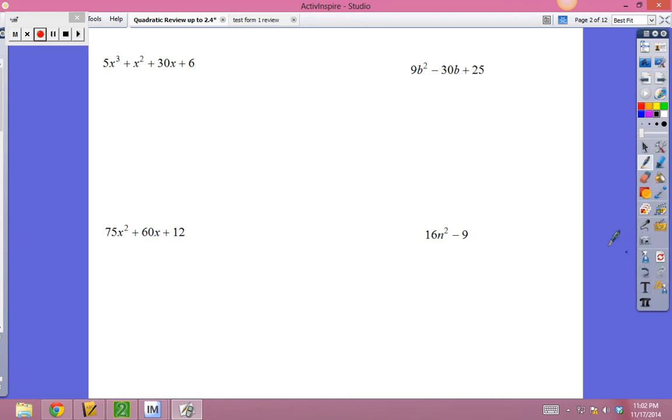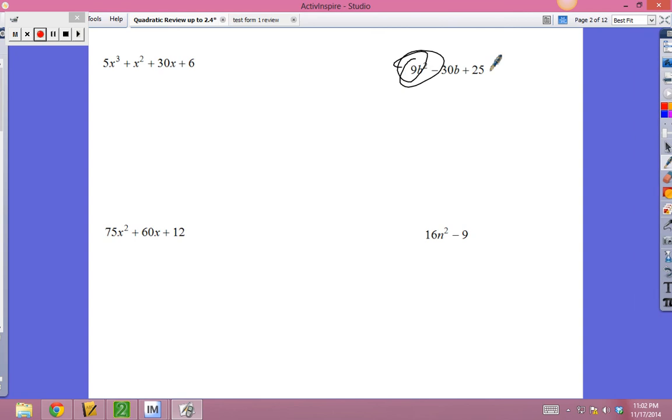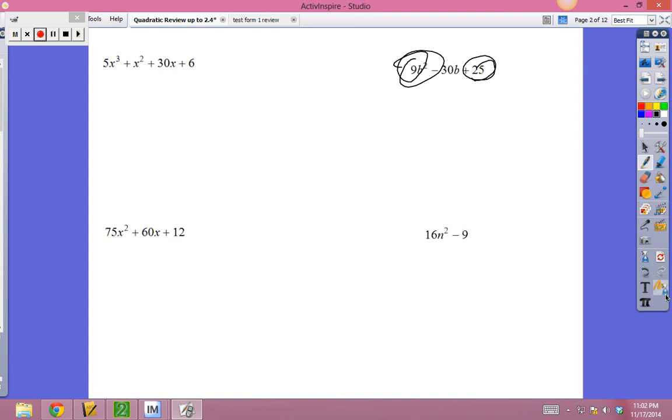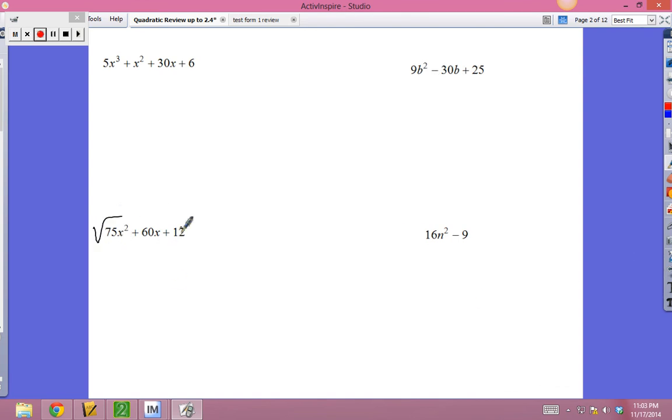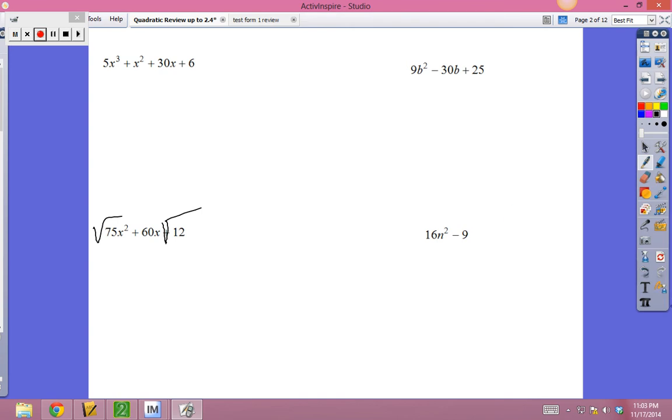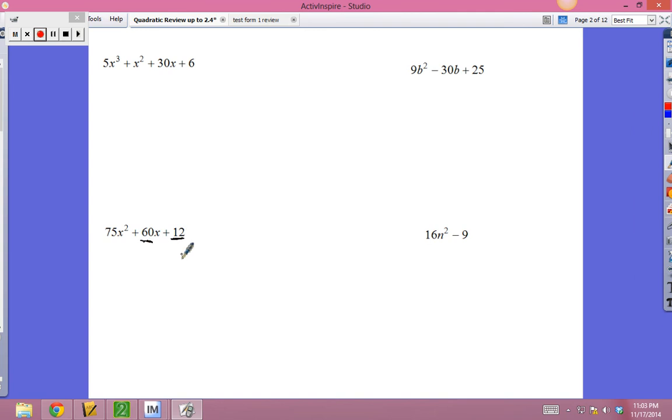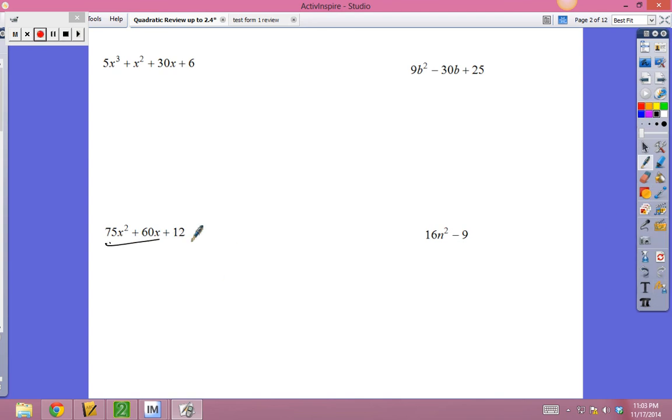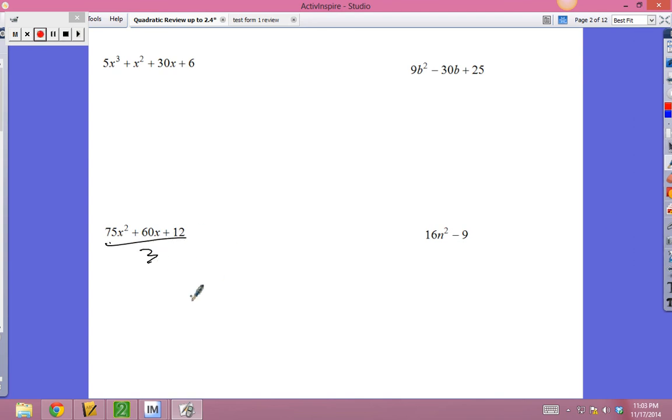So when your eyeballs recognize that these are perfect squares, they're not as bad as they first look. Okay, 75, that's not a perfect square. 12 is not a perfect square, so that's kind of lame. But you look at it and these are both even. I can divide them both by 2, but that's odd. You can't do 2. You kind of hum and haw, and you should realize that they're all multiples of 3, so you can divide a 3 out of each of them.